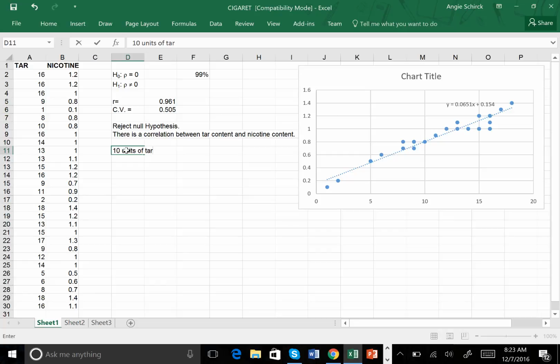Okay, so since we do have a strong correlation, we will use the regression equation, and we will simply plug in 10 for x, and we would find that y will equal 0.0651 times 10 plus 0.154.